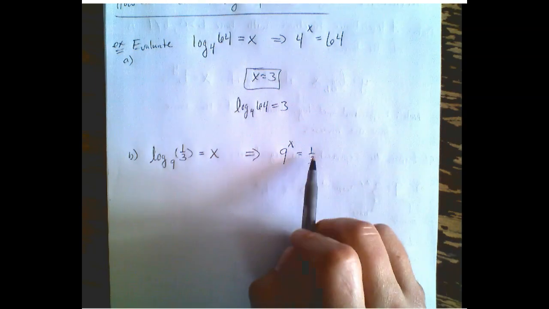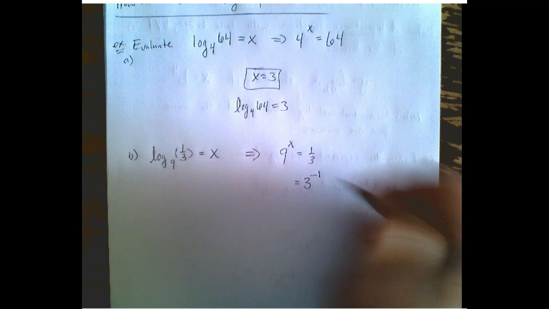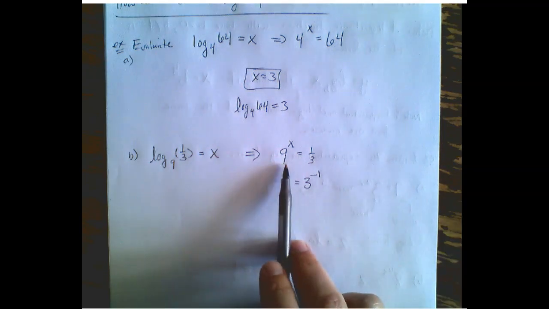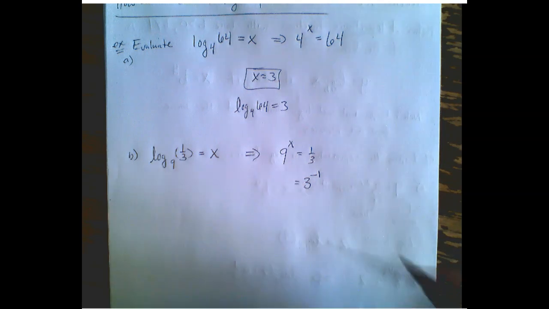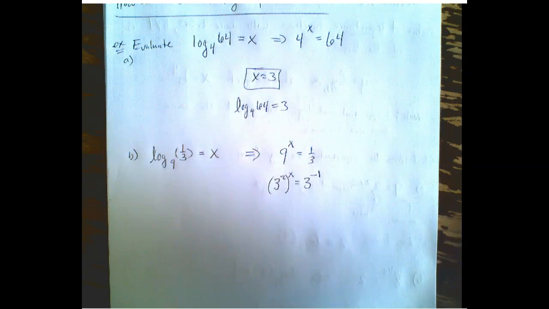Well, we know that the right-hand side can be written as 3 to the negative 1 power, right? Now the left-hand side is 9 to the x, which we can actually rewrite, right? 9 is actually 3 squared, isn't it? We can get the same base. This is like 3 squared to the x.